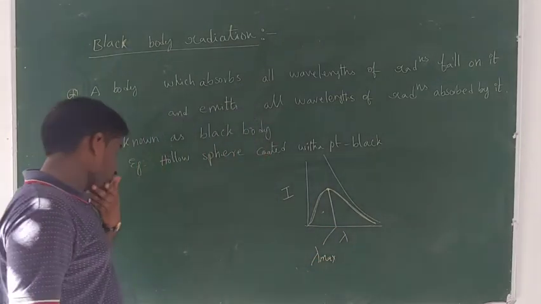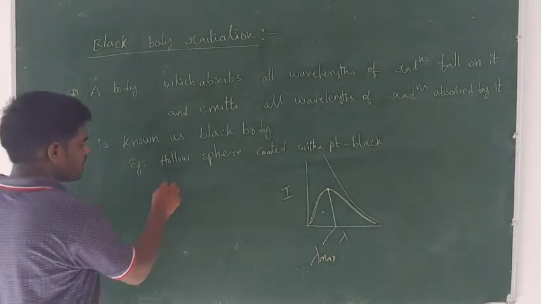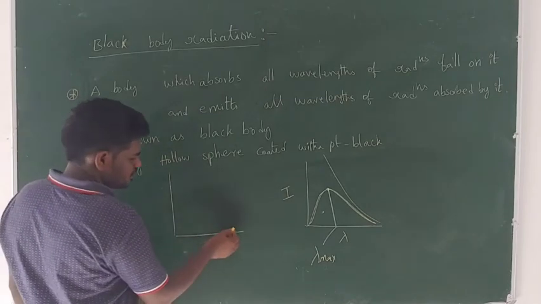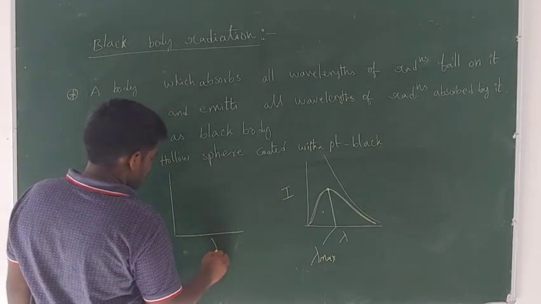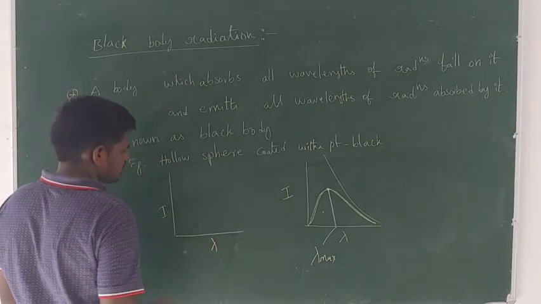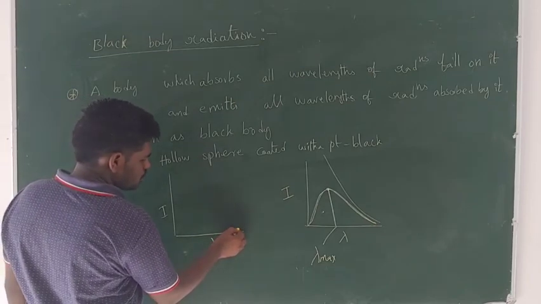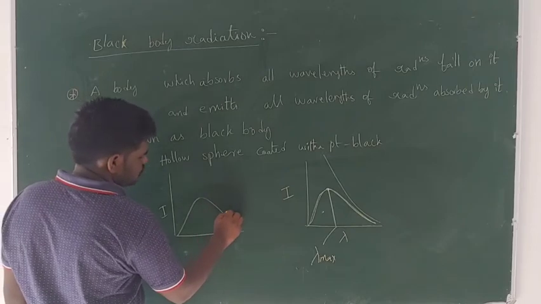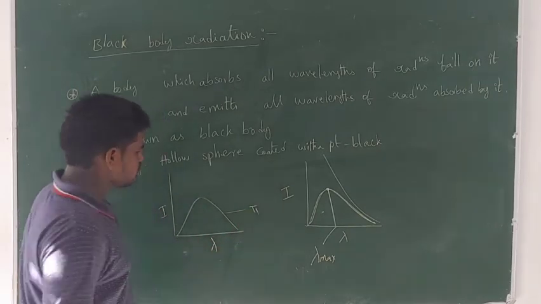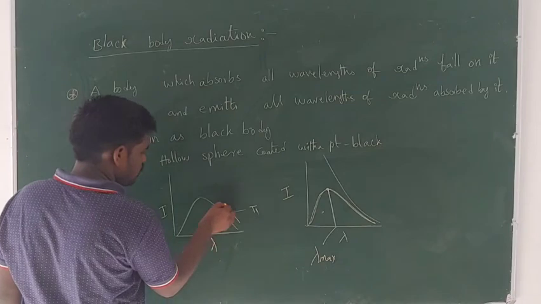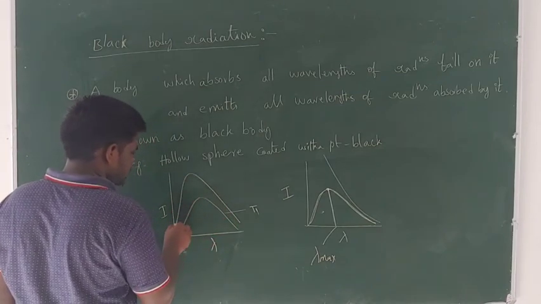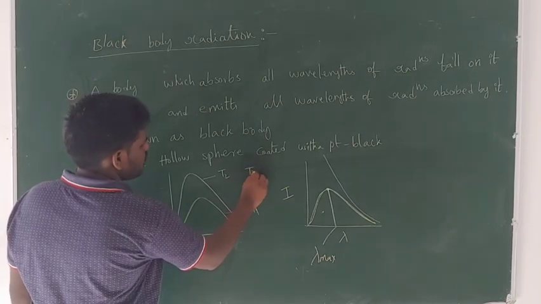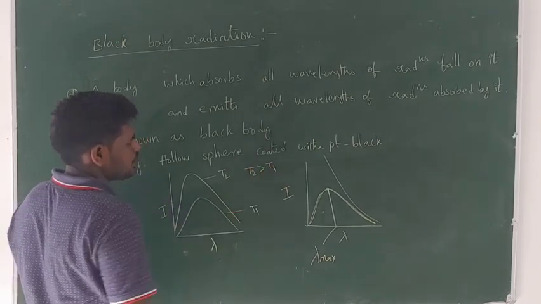If we draw the same curve at different temperatures, we get two curves with a small variation, intensity versus lambda. This curve is drawn at temperature T1, and one more curve is drawn at another temperature, T2, where T2 is greater than T1.